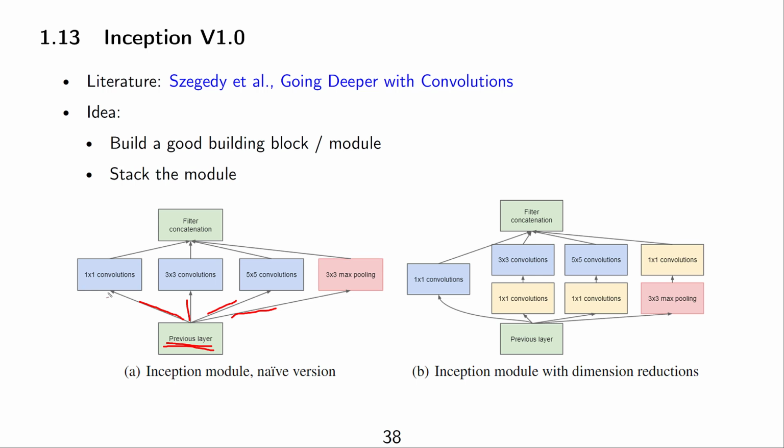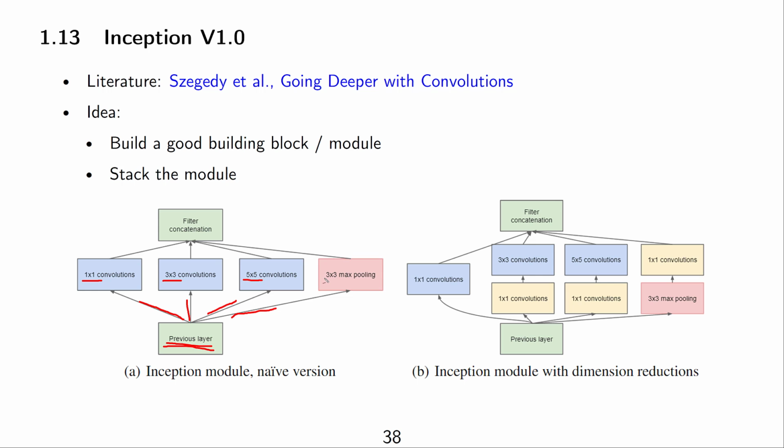Now, you might say that you don't really know which convolutional filter size is best, so why not just try all of them and then combine the result? So we have some filters that have kernel size 1 by 1, some filters have kernel size 3 by 3, and some filters have kernel size 5 by 5.